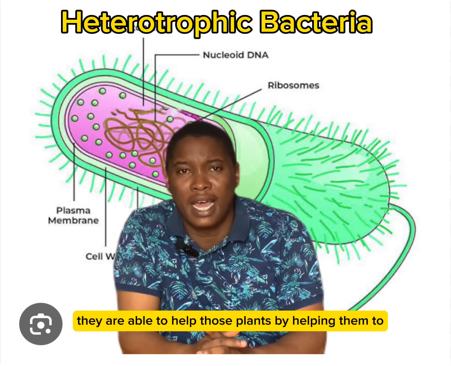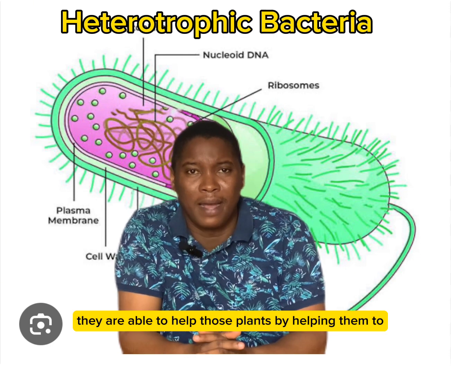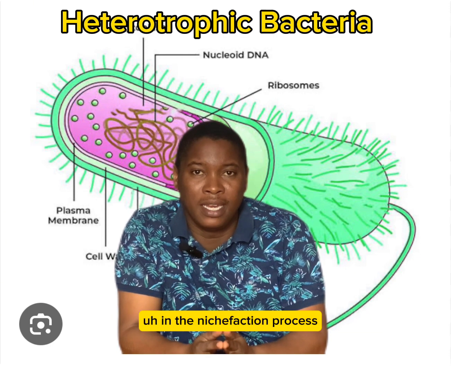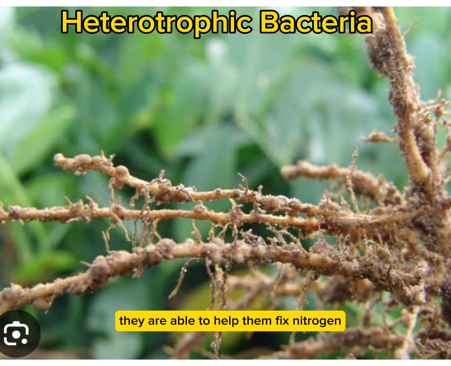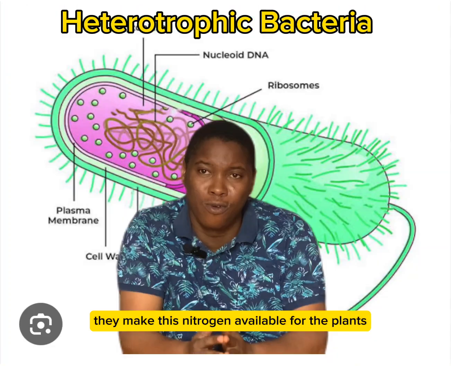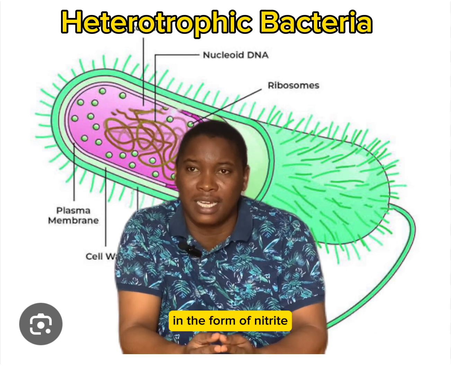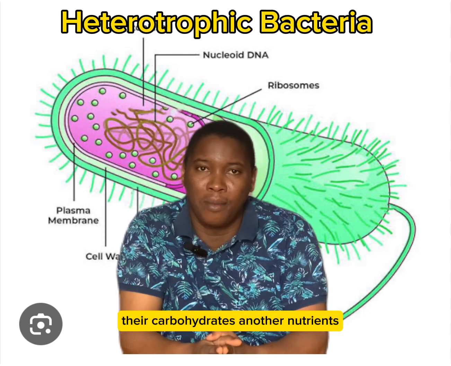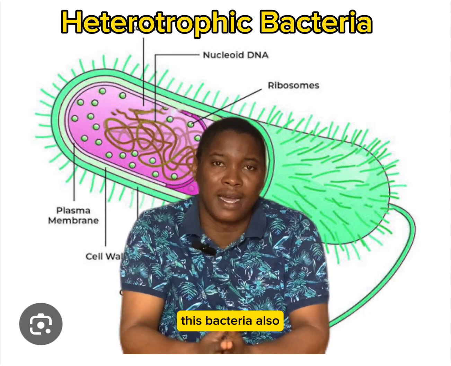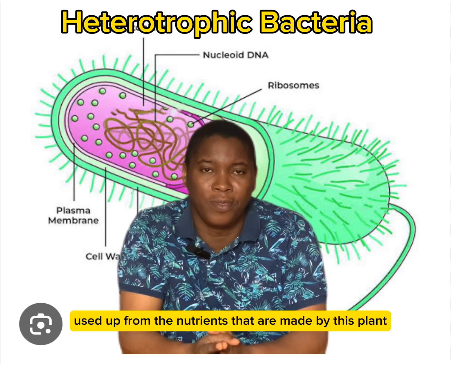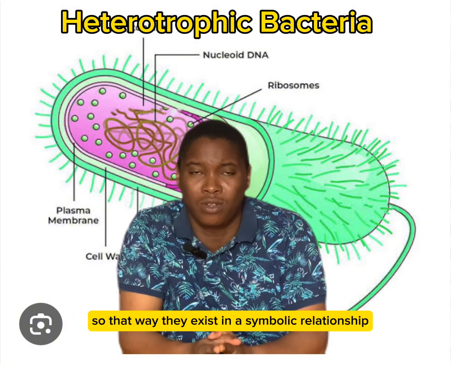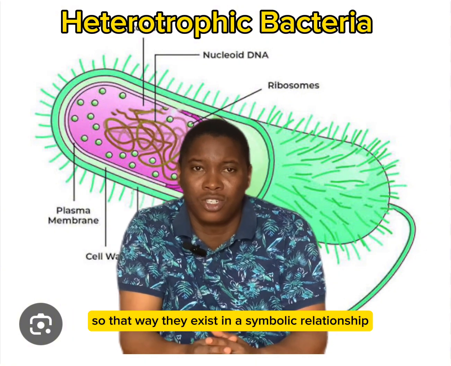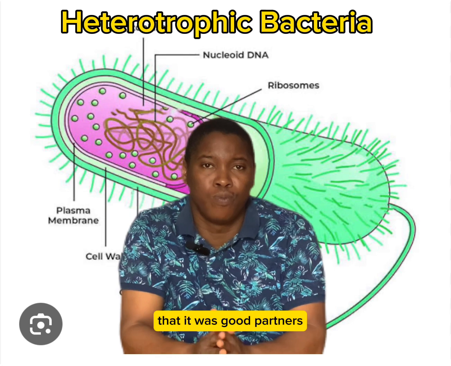While they are in those roots, they are able to help those plants in the nitrification process, they are able to help them fix nitrogen. And when they fix nitrogen, they make this nitrogen available for the plants in the form of nitrites. And then these plants also, when they make their carbohydrates and other nutrients, these bacteria also use up from the nutrients that are made by these plants. So that way, they exist in a symbiotic relationship that favors both partners.